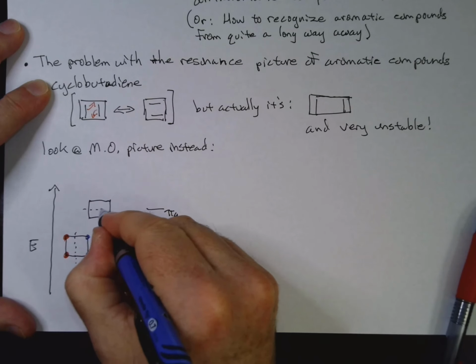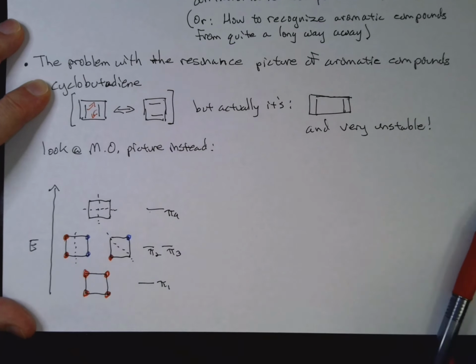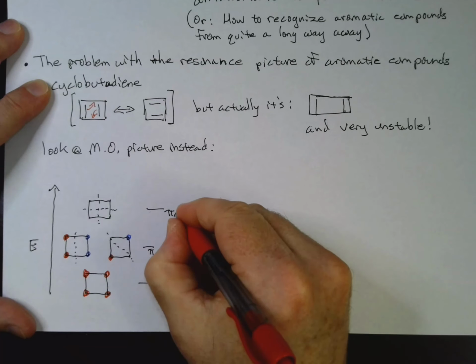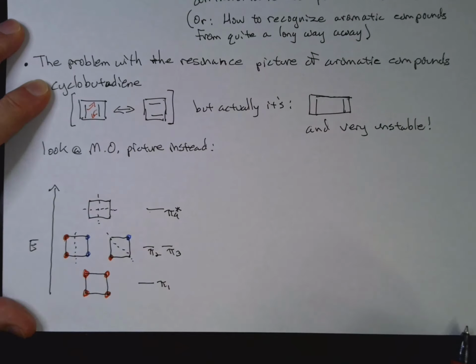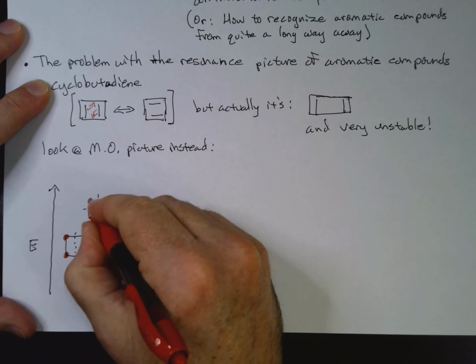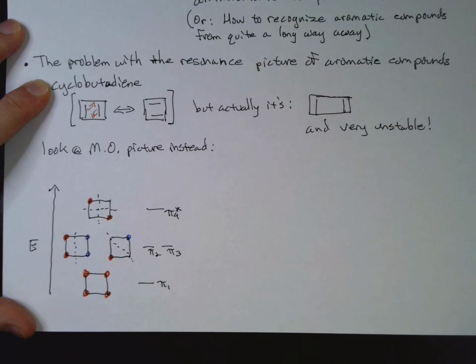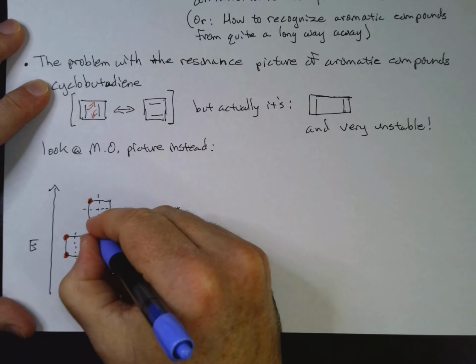And then pi 4, that's really pi 4 star. We've got 2 nodes and alternating phases.